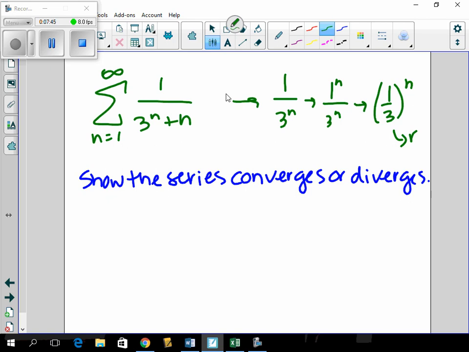So I can notice that those two look alike. And the reason I can use this 1 to the n is 1 to the anything is just 1. So that's how I can rewrite it into my geometric terms.